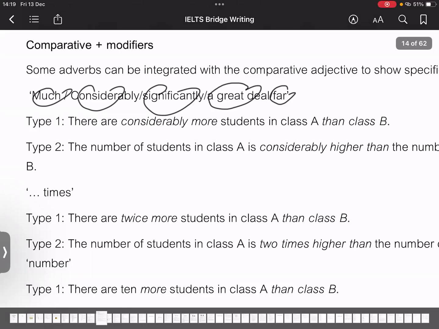Okay, next is to put times. So what does times mean first of all?